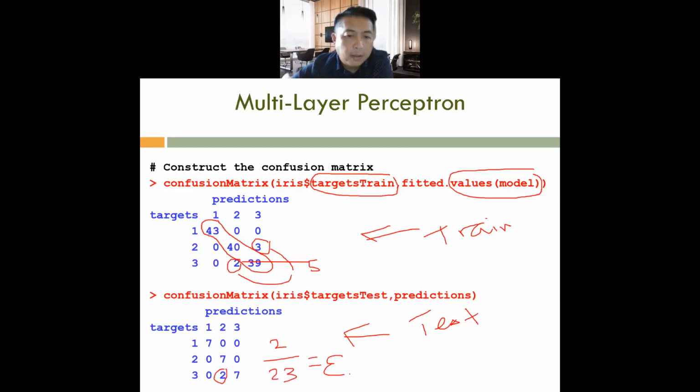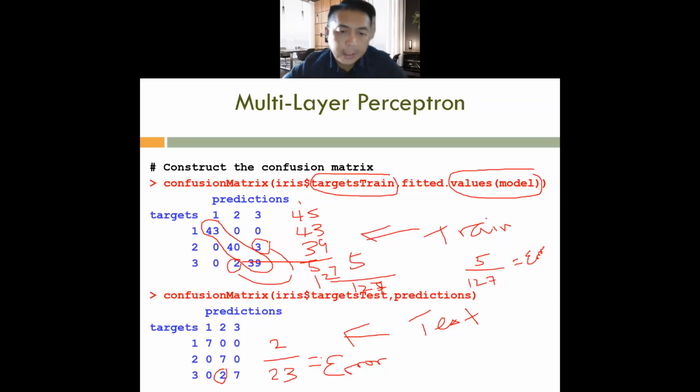This is the error. And for this one, it is 5 out of, we have to add up all this, becomes 45, and then 43, 39, so around 127. Okay, 5 over 127. So this is the error during the training. This is the error during the testing.